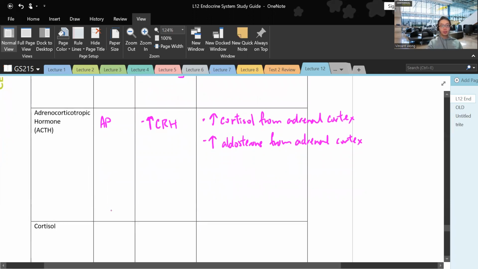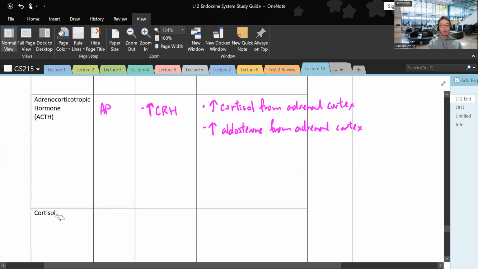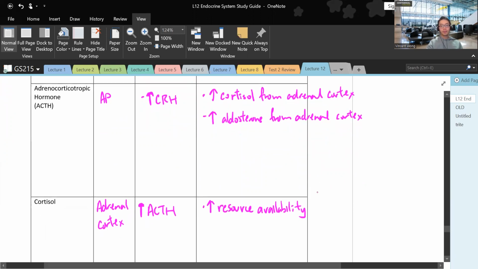So what's going on with the cortisol? The location of secretion is adrenal cortex. The trigger is the previous hormone here, increase in ACTH. And we will have increased resource availability. Okay.